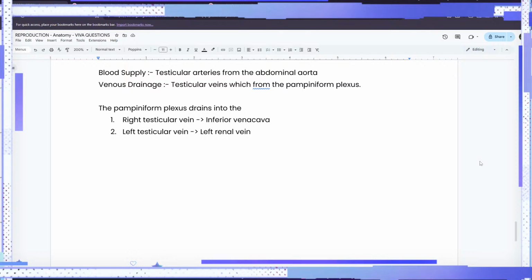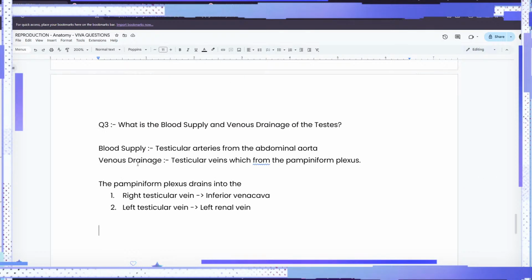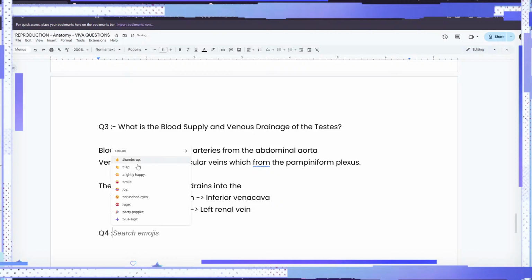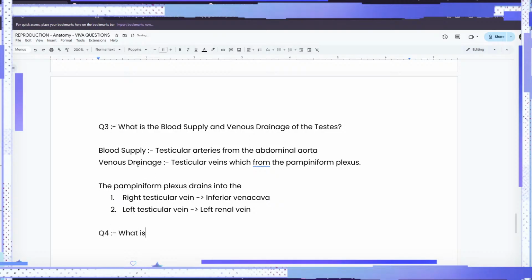And the questions that you can be asked is, of course, what is the lymphatic drainage? Sure, why not? What is the lymphatic drainage of the testis?